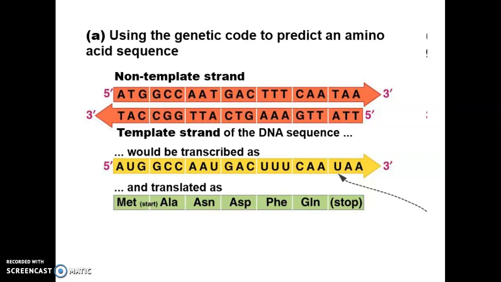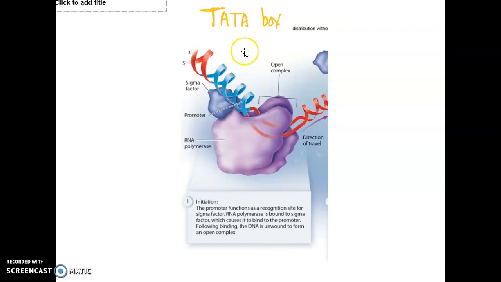Let's go on to look at the 3 different steps. This here is initiation. Initiation involves finding the promoter, and the RNA polymerase is what needs to find that promoter.